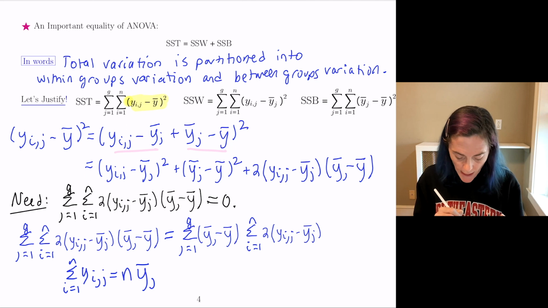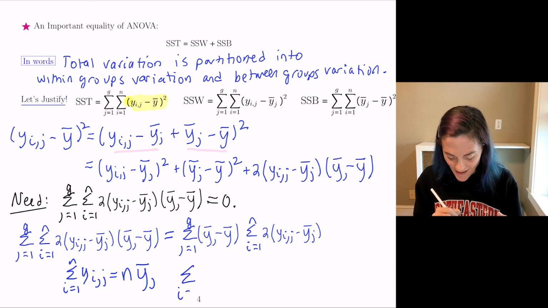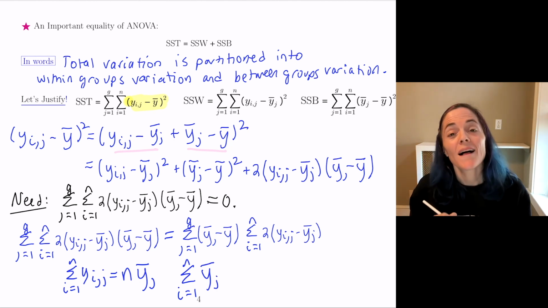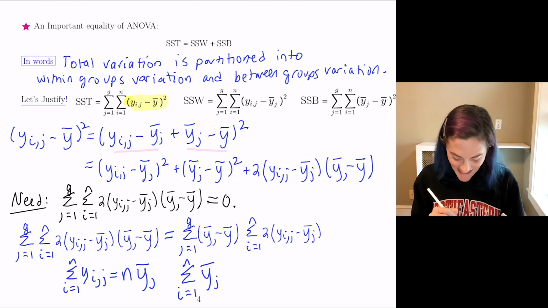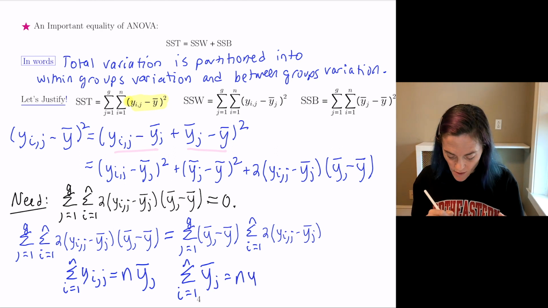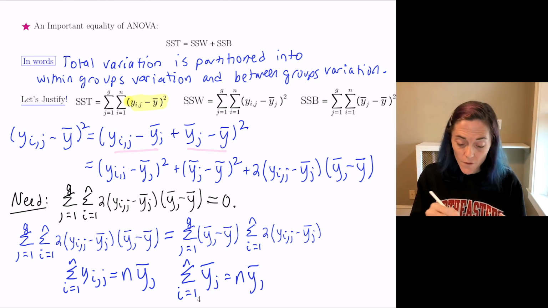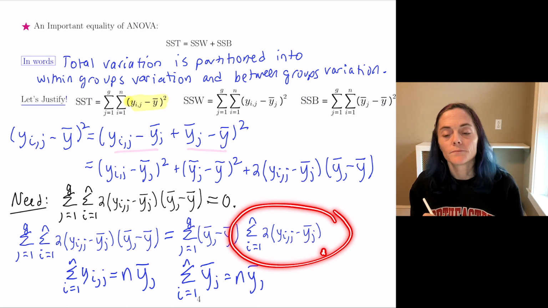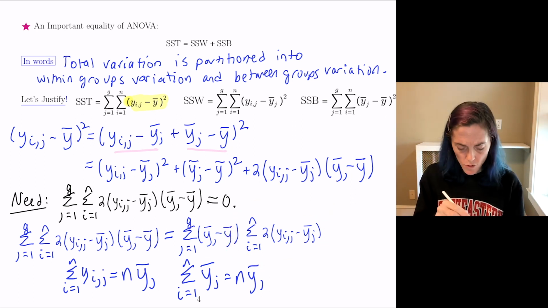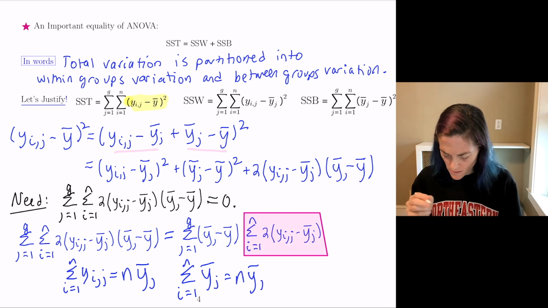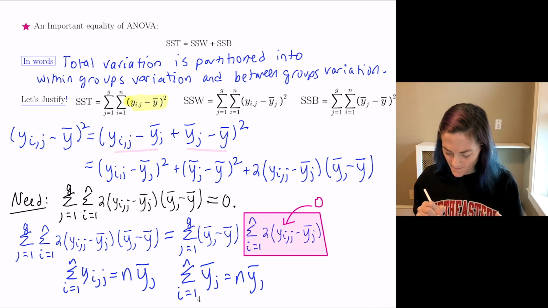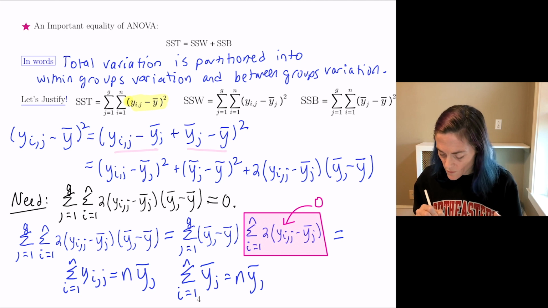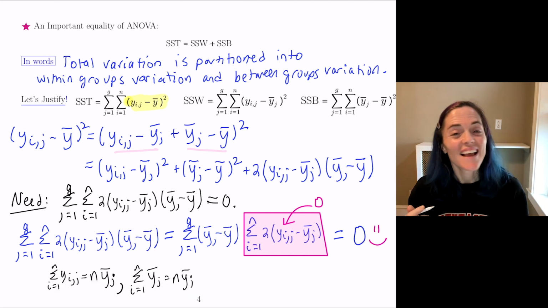And similarly, if you add from i equals 1 to n of the group mean, well, there's no i in it. So we just get n times the group mean. And so now if you stare at this, this part is 0. So maybe I should outline this. So the overall sum is 0.